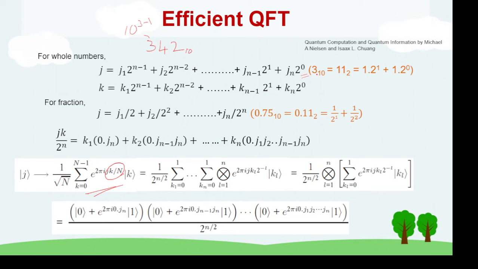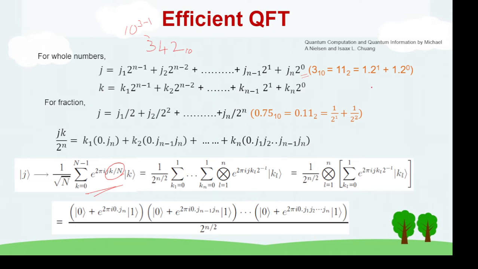So we'll start with 3 represented in decimal form, and we have to write it in binary form as 11. If you take 2 digits, so n is 2, 2 to the power of 2 minus 1 is 2, and the next one is 2 to the power of 2 minus 2, it's 2 to the power of 0.